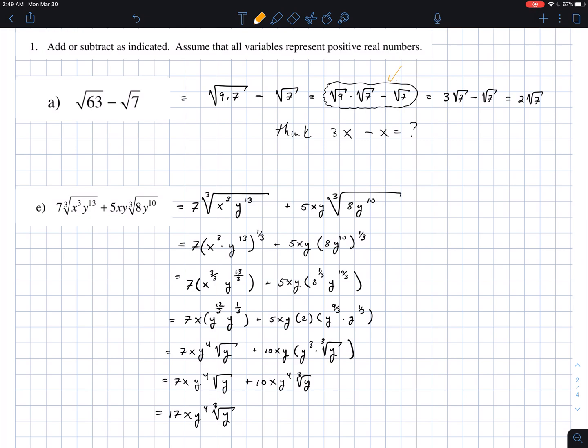And I took the square root of 9, because we all know that's 3. In this case, I want you to think something to the effect of 3x minus x, where x is the square root of 7. You see that? So we have 3 square roots of 7 minus 1 square root of 7, which gives us 2 square roots of 7.